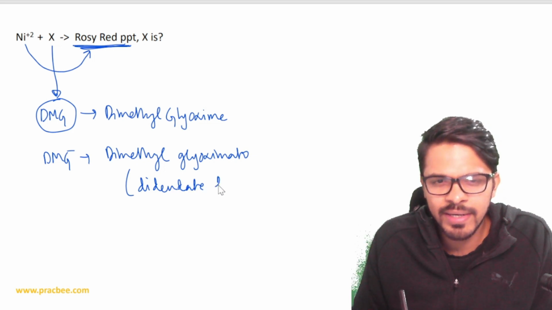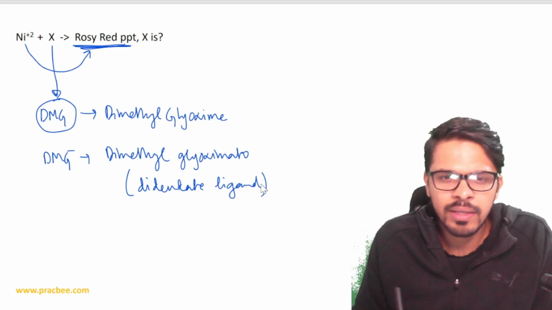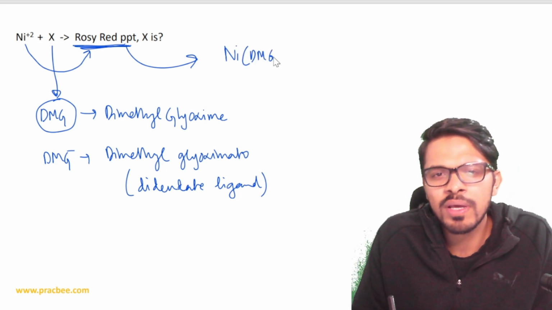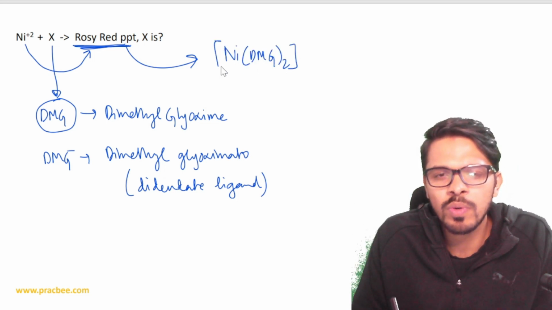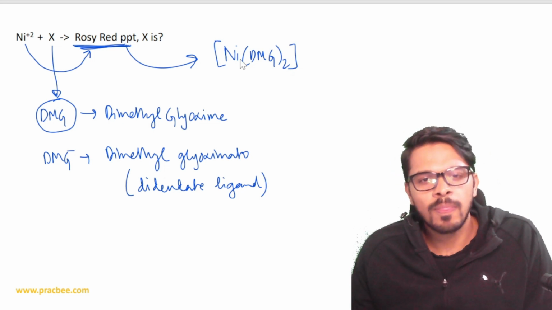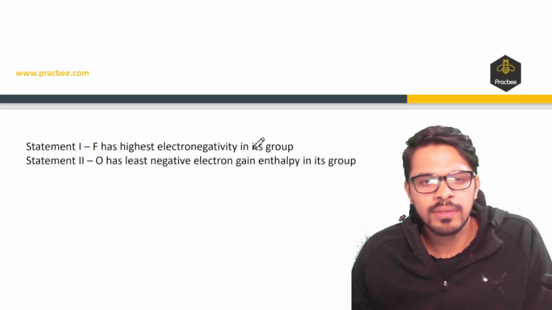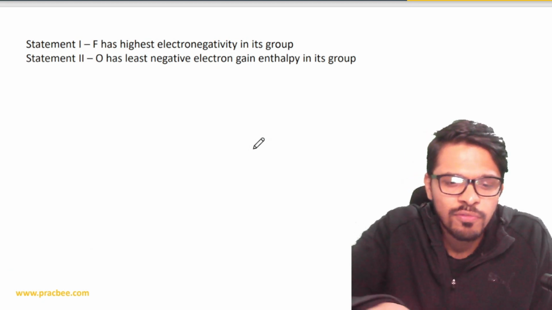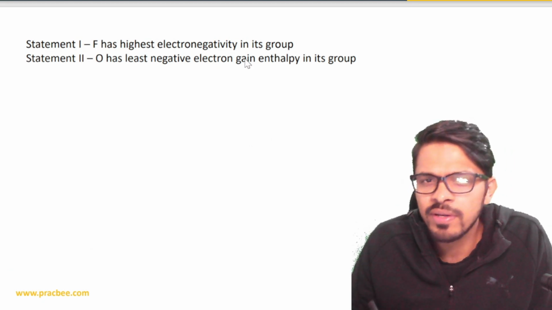It is a didentate or bidentate ligand, and the formula of the precipitate complex would be Ni(DMG)2. Right? Simple question.